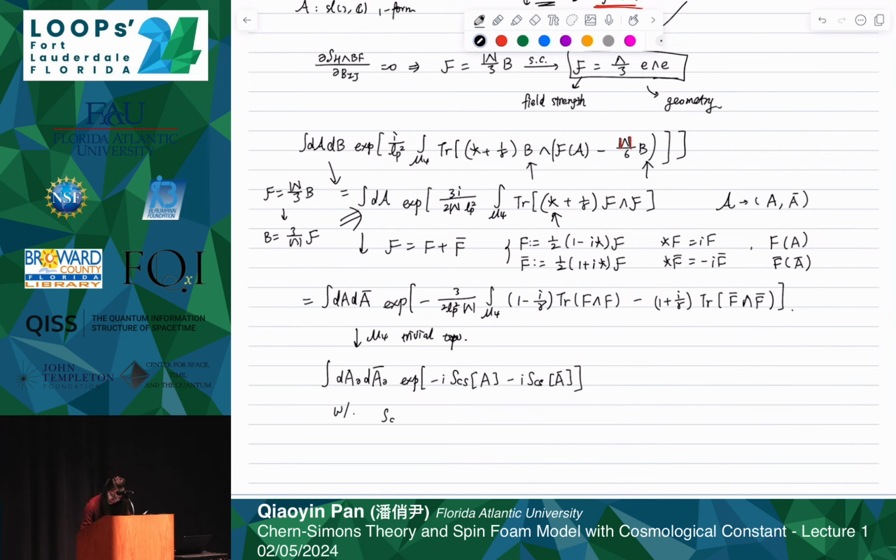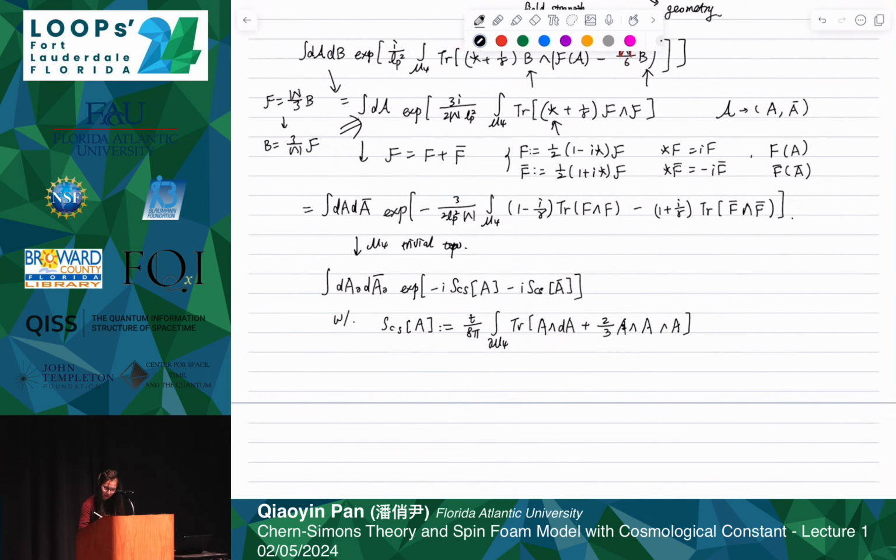The Chern-Simons action for A is defined as a coupling constant t over 4 pi, and then I have an integral over the boundary of the four-manifold, and then the trace of A wedge dA plus 2 over 3 A wedge A wedge A. This is the Chern-Simons action for the self-dual part of the connection.